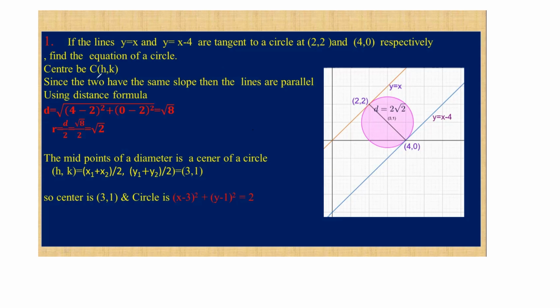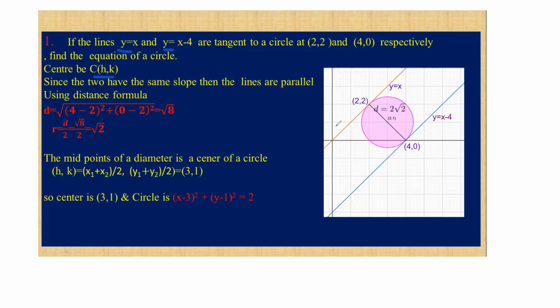Here is a point which is (h, k). The question is to find the equation of a circle. Here the two lines are parallel because they have the same slope.